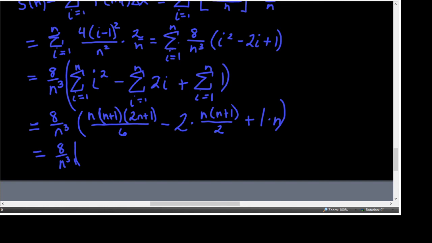I'm sorry, I started just copying what I already had because I was trying to talk and write at the same time. All right, so that ends up being 4 over 3n cubed times (2n cubed minus 3n squared plus n). You can imagine how much algebra was involved in simplifying it down to this point.